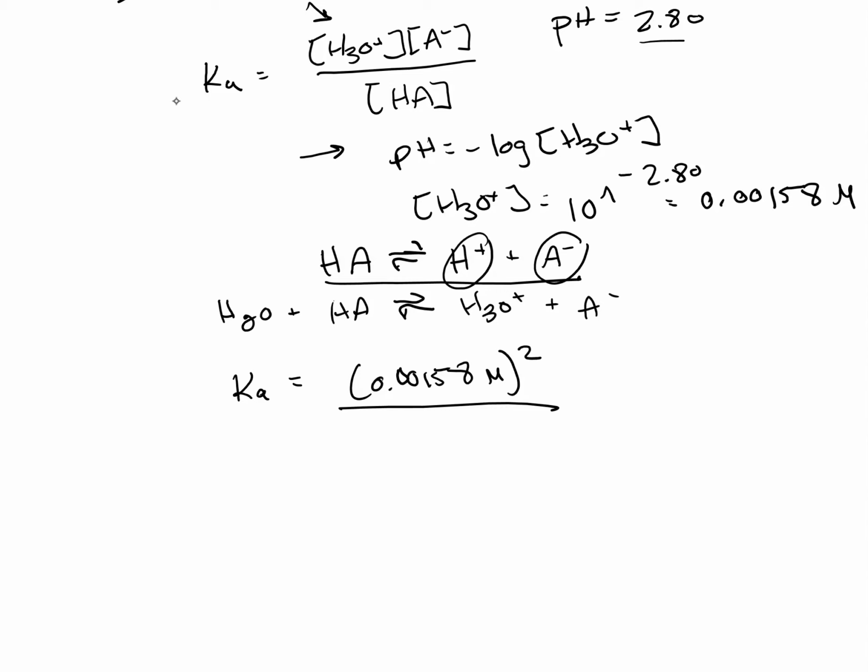And then we have to divide by the amount of weak acid that remains. And we know what we started with. We started with 0.265 moles per liter. And due to dissociation, we lost whatever x is, in this case, 0.00158 moles per liter.